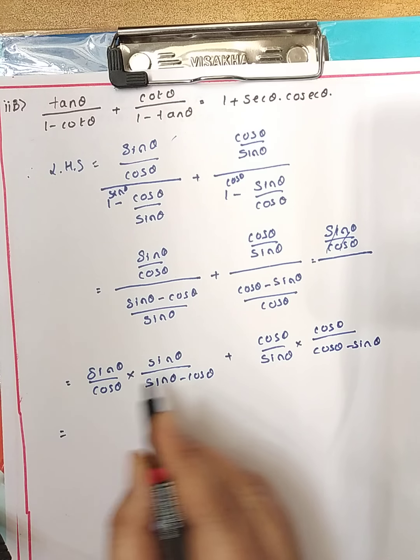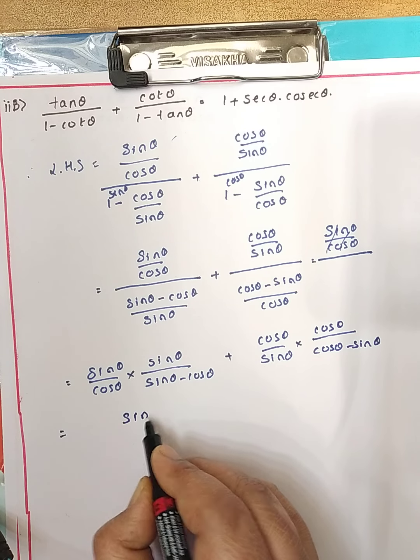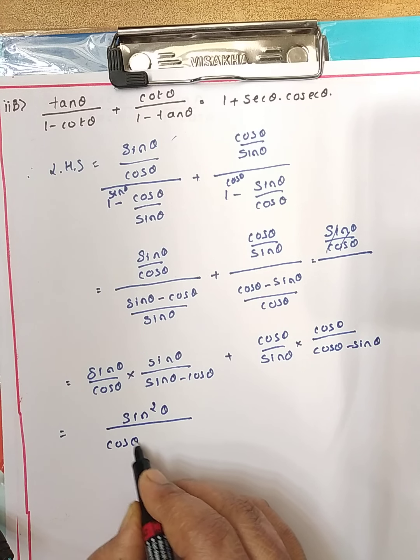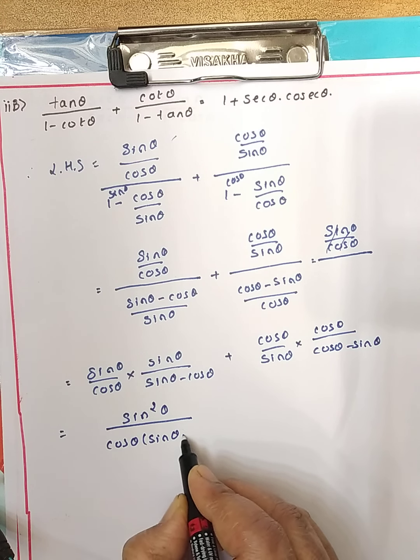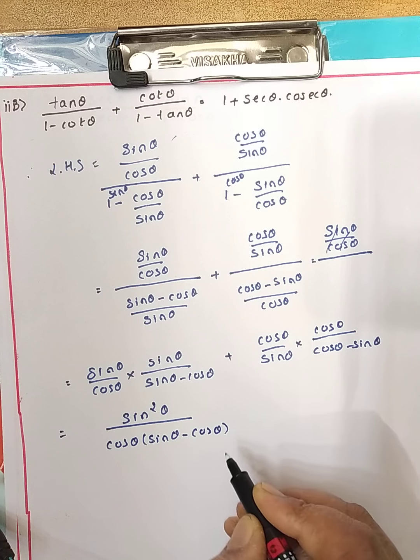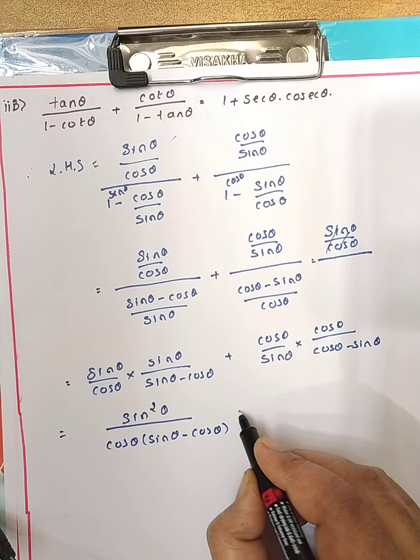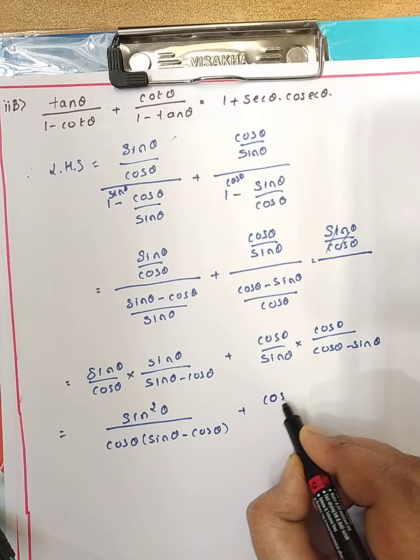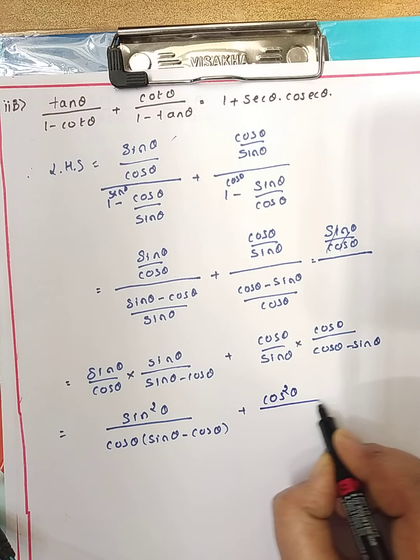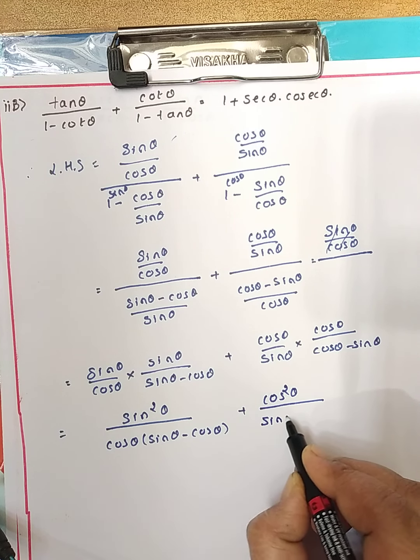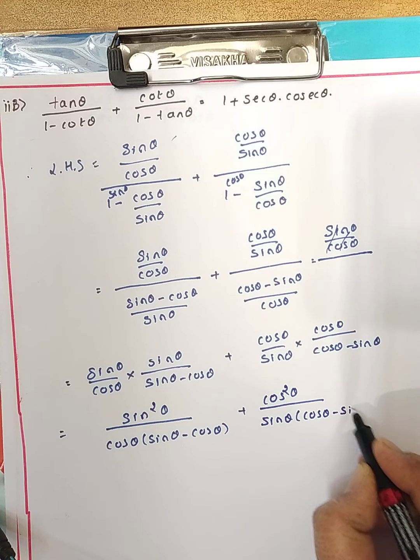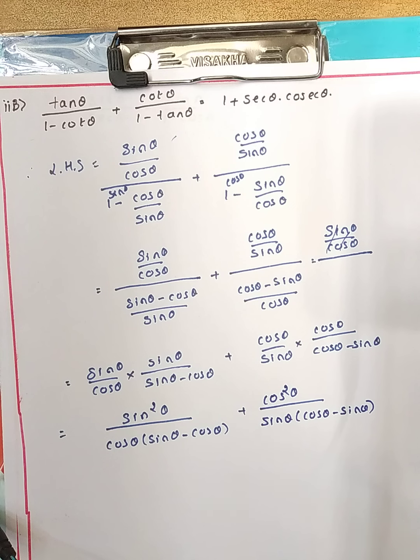Now simplify: sin theta into sin theta, sin square theta upon cos theta into sin theta minus cos theta, and plus cos theta into cos theta, cos square theta upon sin theta into cos theta minus sin theta.